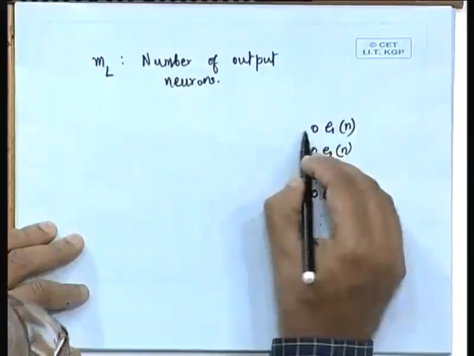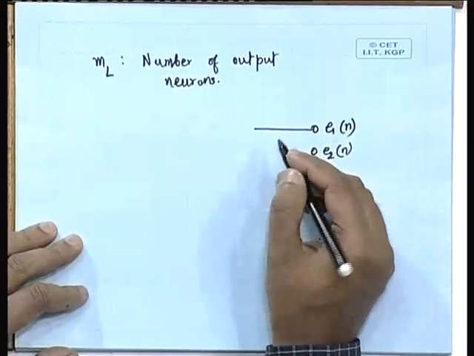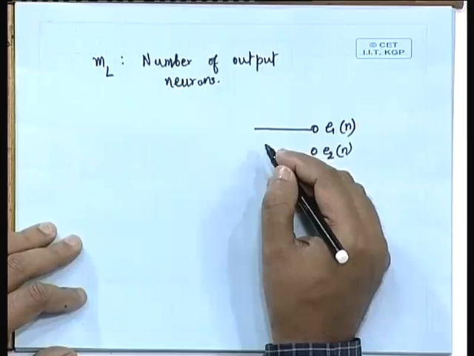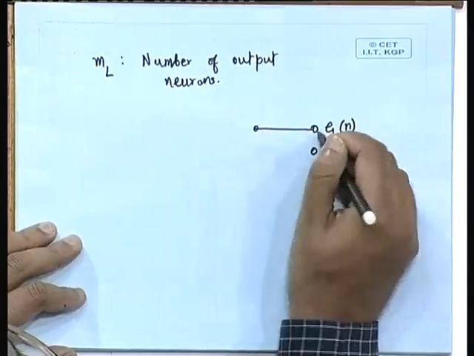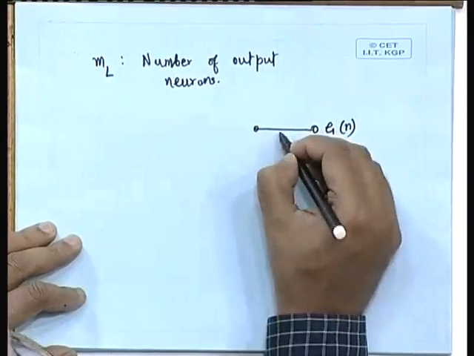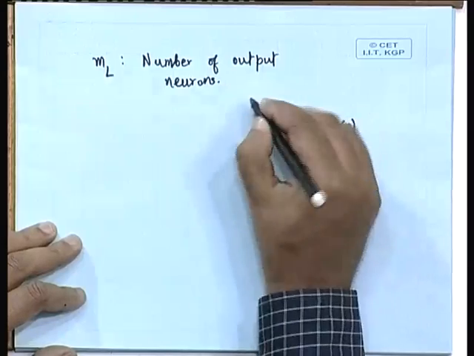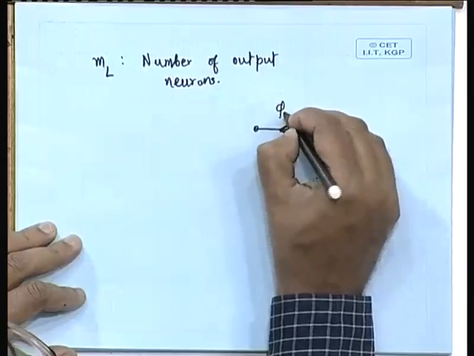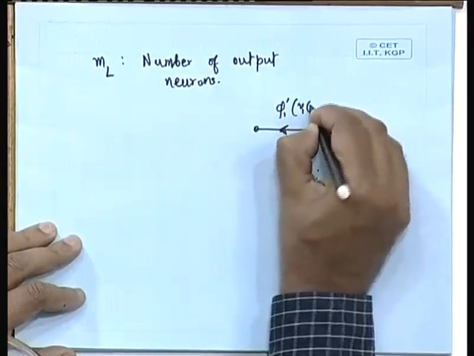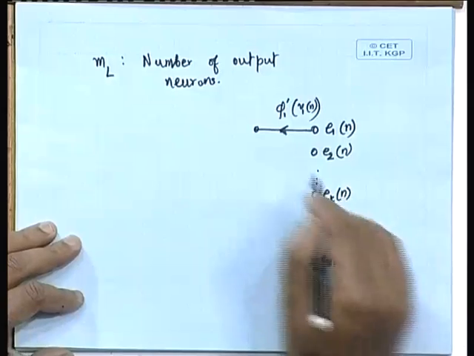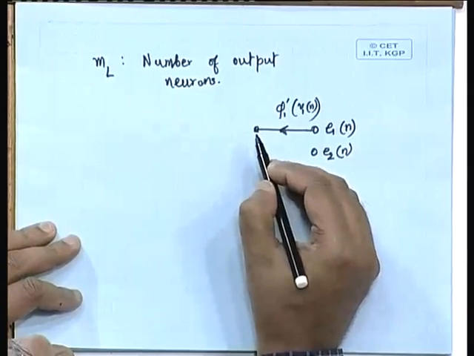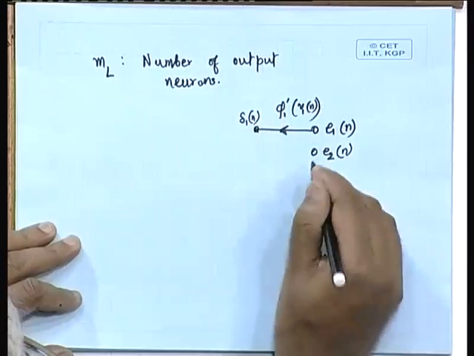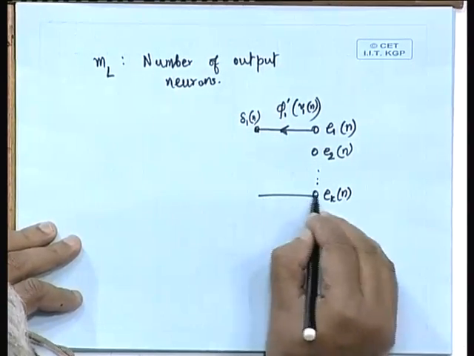And then we multiply the errors by their respective activation function derivatives. These E's are available to us, and E1 will be multiplied by phi dash 1 V1n, and what will I get as this term? Delta 1n. Like that E2, like that EKN.